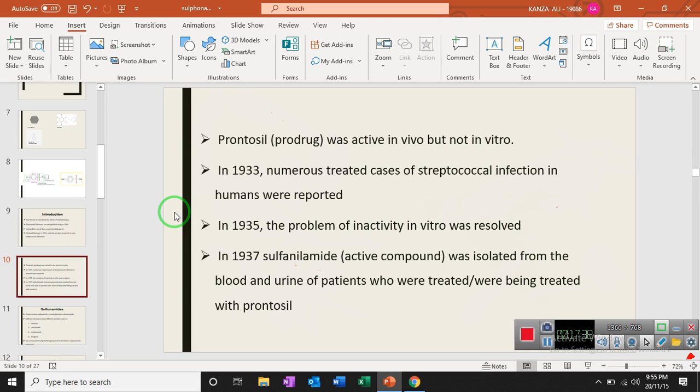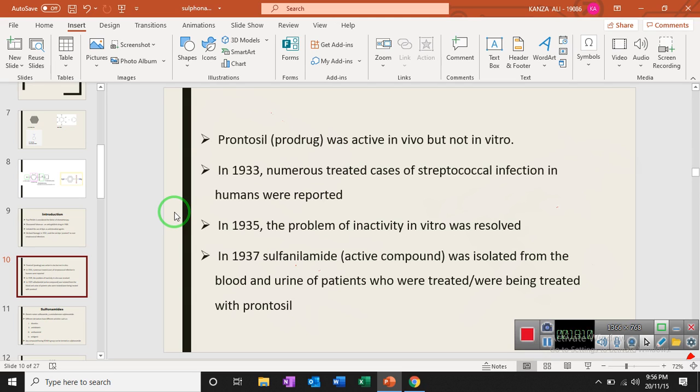Although this problem was resolved in 1935, before that, in 1933, the compound was reported as one by which a number of infections were treated or cured.